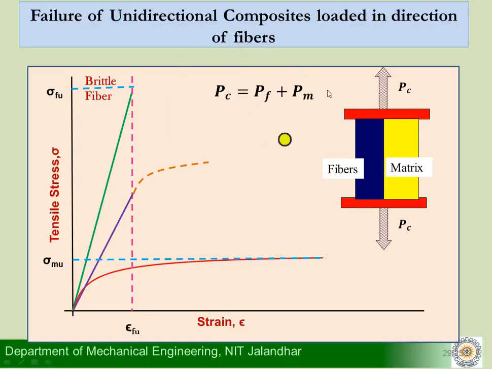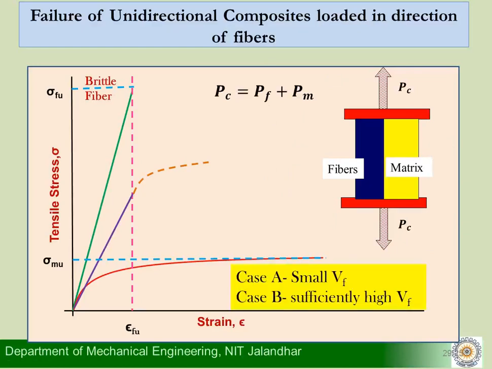This we have already described previously, how you can calculate the fraction of the load taken by the fibers and the fraction of the load taken by the matrix, which is the rest, which is actually PC minus PF. And this is how we say that the slab model, which I have been referring to in our discussion, we'll continue with that slab model in this discussion also.